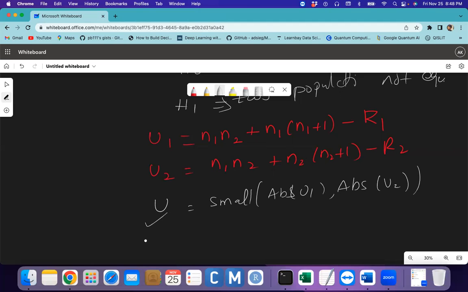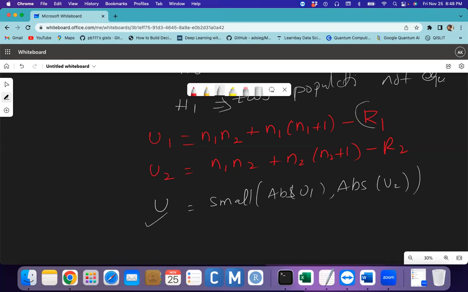If you know the U value, then you need the degree of freedom. Degree of freedom is N1 plus N2 minus 1. With that, you can easily calculate the p-value. If the p-value is less than 0.05, we reject the null hypothesis. If the p-value is more than 0.05, we accept the null hypothesis.